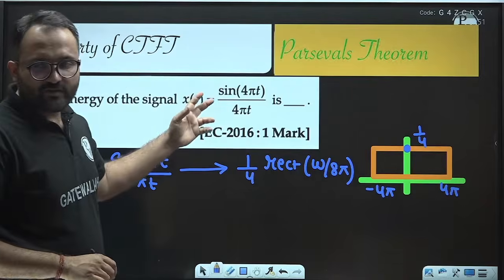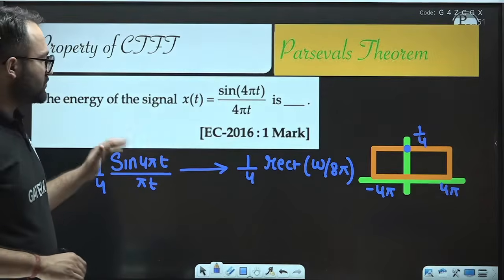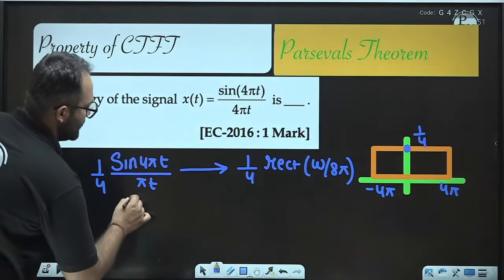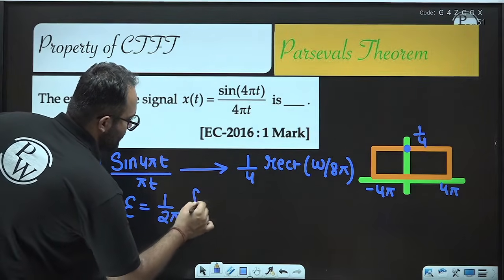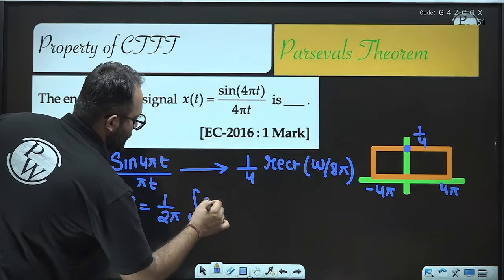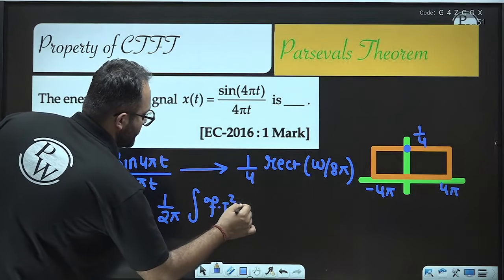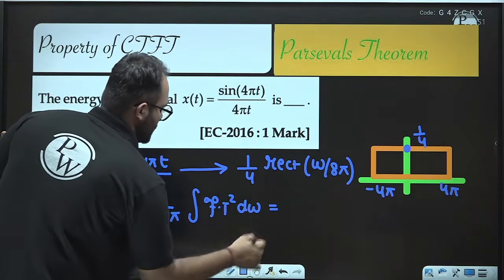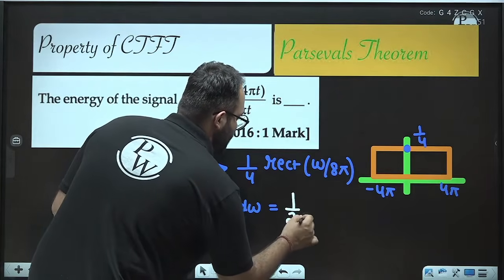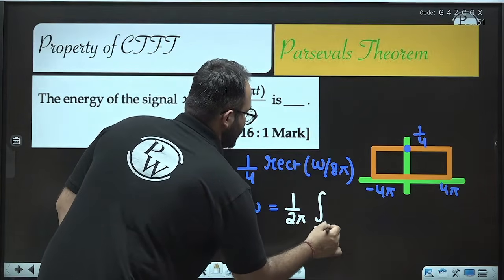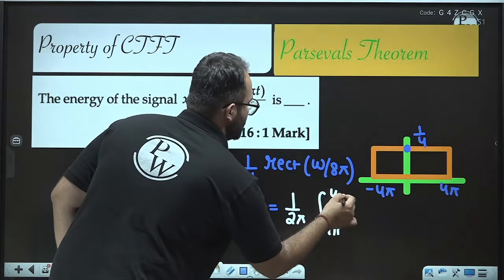So the energy of the signal as per the Parseval's theorem is equal to 1 upon 2 pi integration of the Fourier transform square d omega. So we can say that the result will be equal to 1 upon 2 pi integral from minus 4 pi to 4 pi.